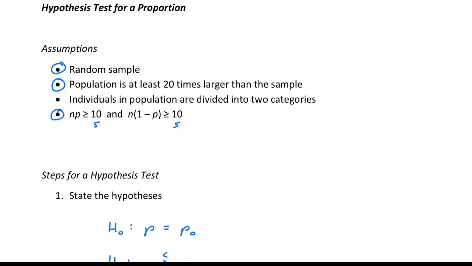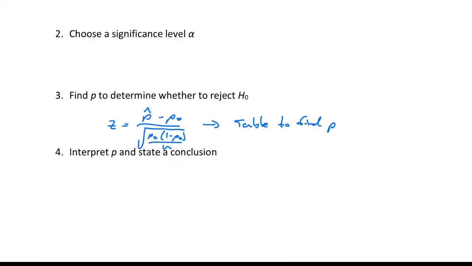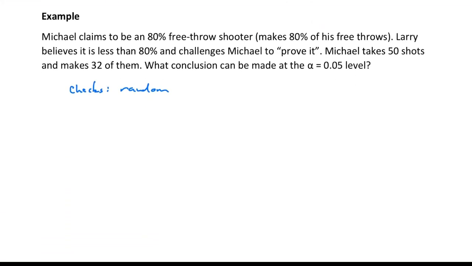Is the population at least 20 times larger than the sample? Well, in this case, if he's going to take 50 shots, we would need for Michael to take more than 1,000 free throws in his basketball career, whatever you want to say that is. So I think we could assume that.